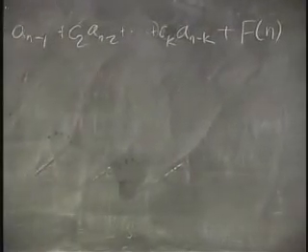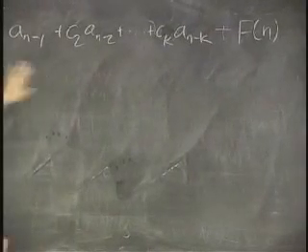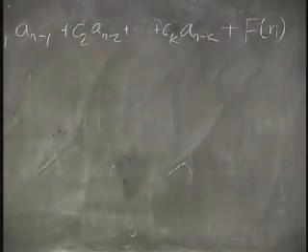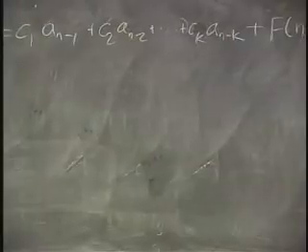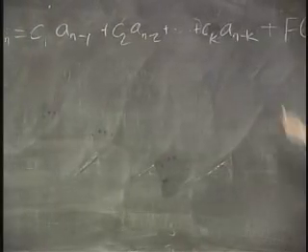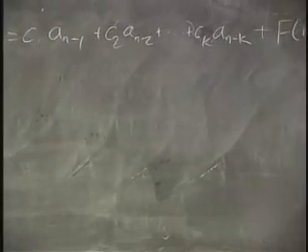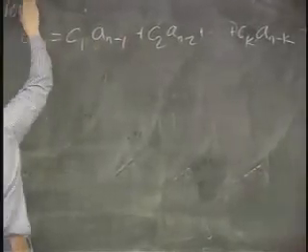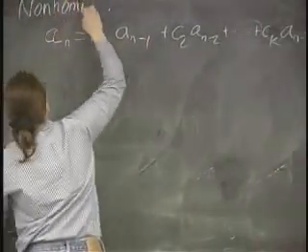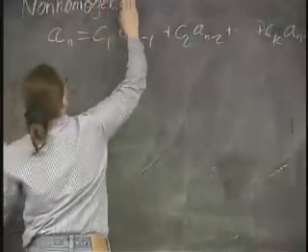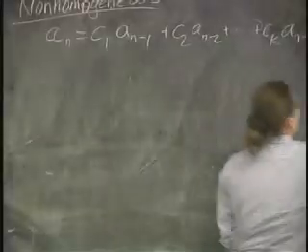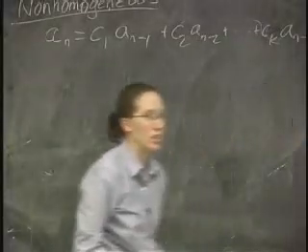Equations of this form are called linear non-homogeneous recurrence relations with constant coefficients, and I'd call this one degree k. So all the words are the same except now this is non-homogeneous. What makes it non-homogeneous? Exactly this extra function at the end.